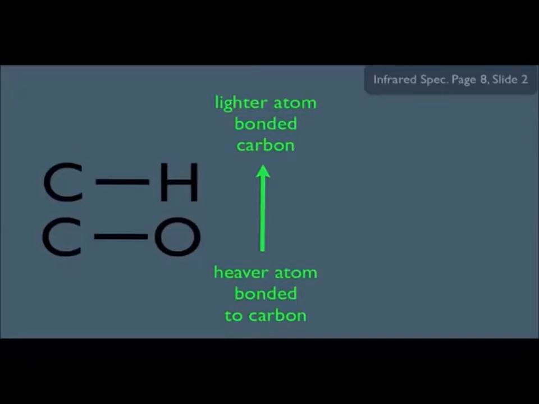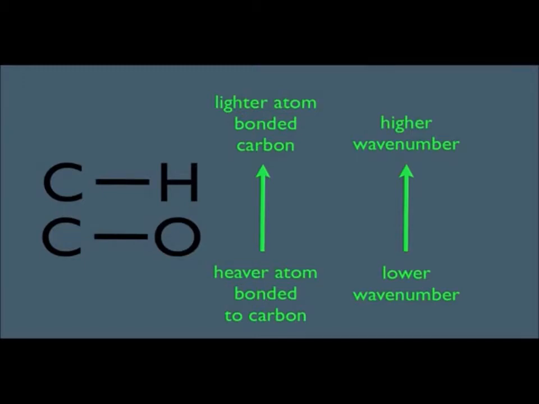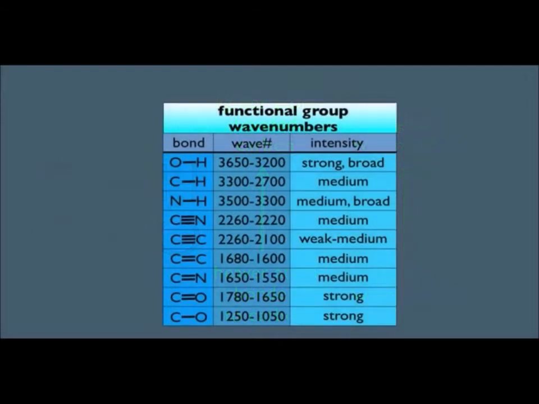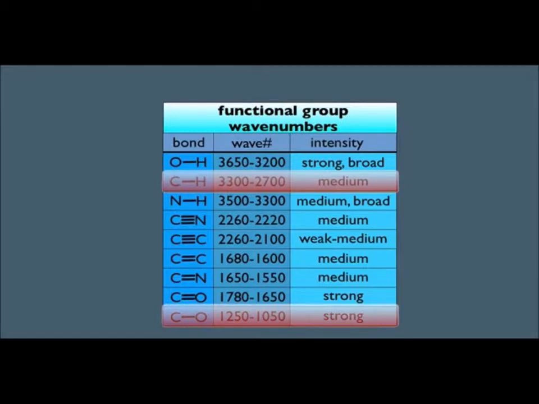Therefore, the heavier the atom, the lower the wave number. The lighter the atom, the higher the wave number. So we should see the CH absorption band at a higher wave number. And sure enough, going back to our wave number chart here, here is the CH bond and here is the CO bond. Notice the CH bond has a much greater wave number.